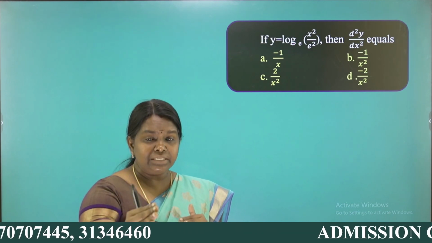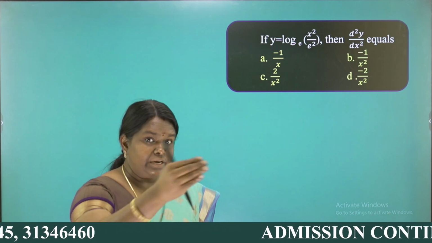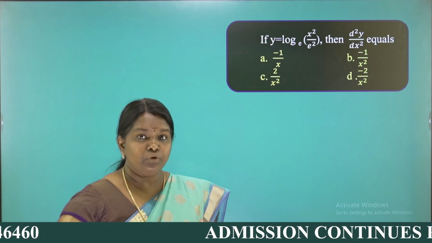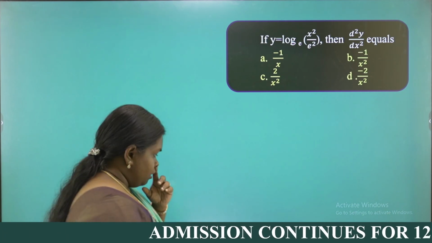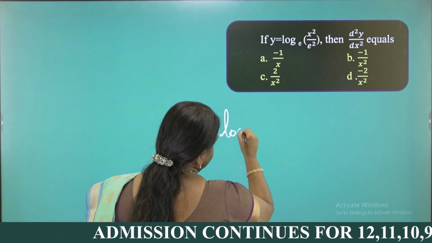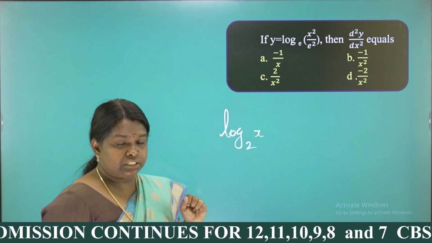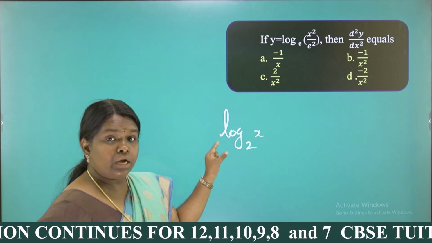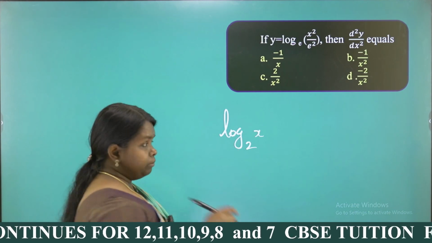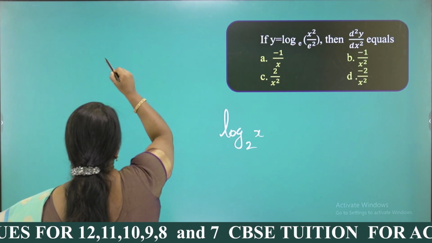But if the base is other than e, if any other number comes like 2, 3, 4, etc., that time you have to consider it. For example, suppose you get something like this, it is of the form log a to the base b. You remember, right? The base changing rule is what?